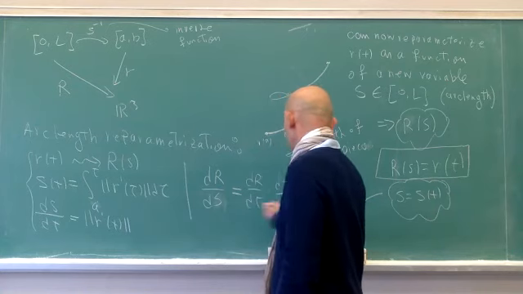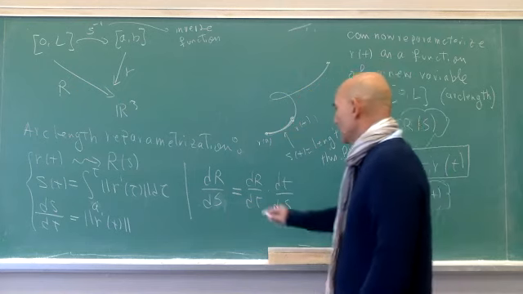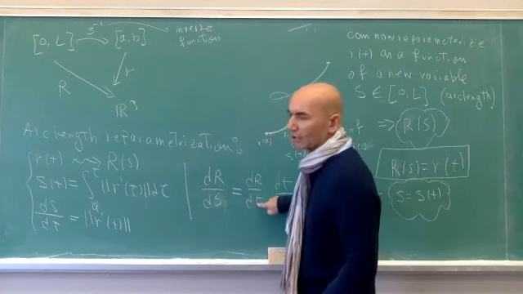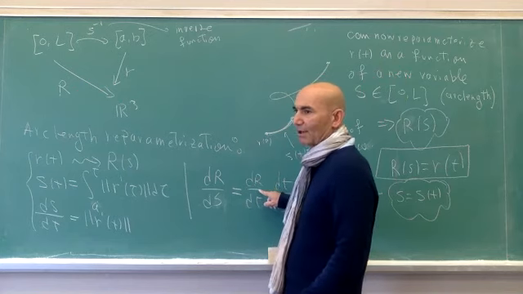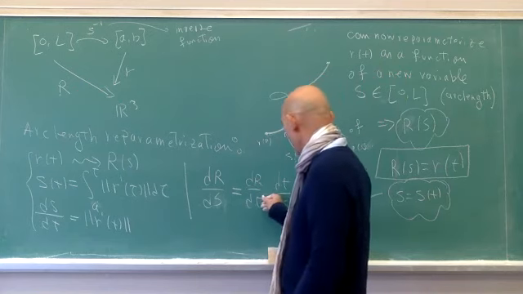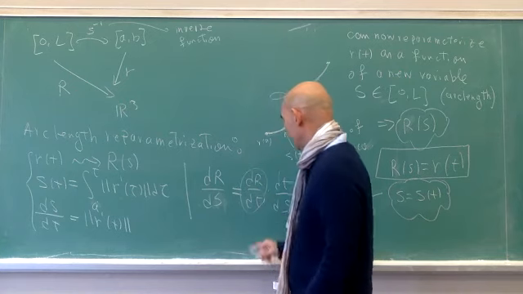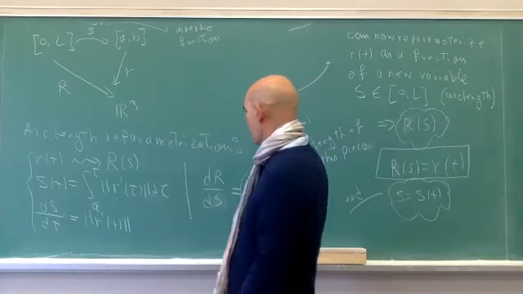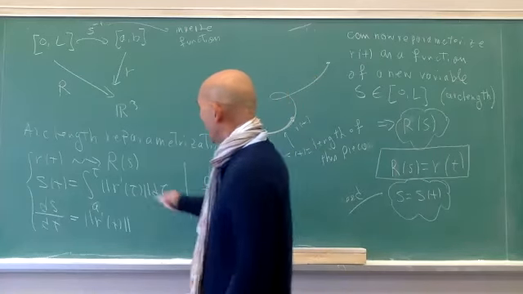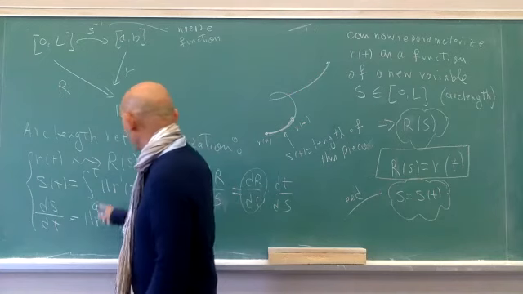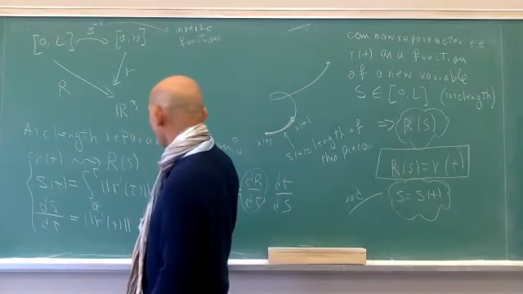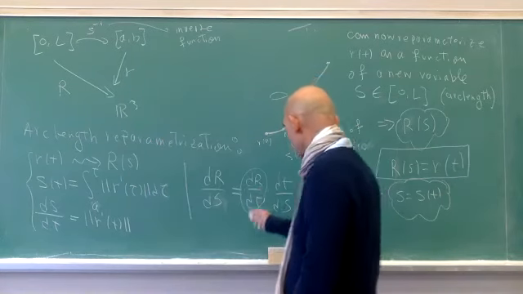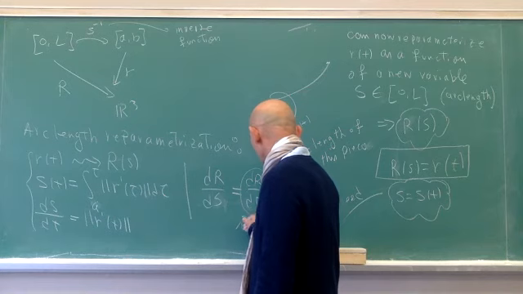Now I'm going to assume that this r is essentially little r. So what is dr dt? Well, dr dt is really what we found here. Velocity, yes, exactly. This is the velocity vector.